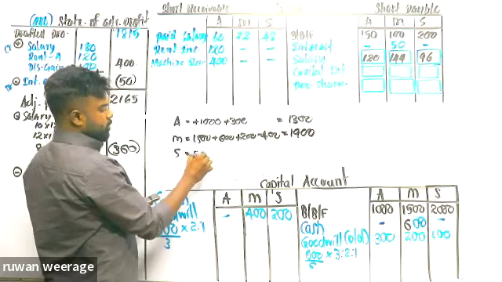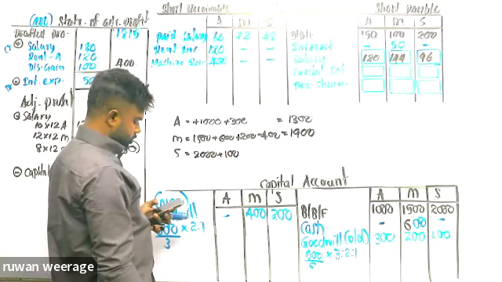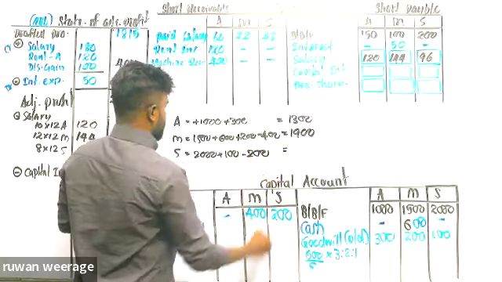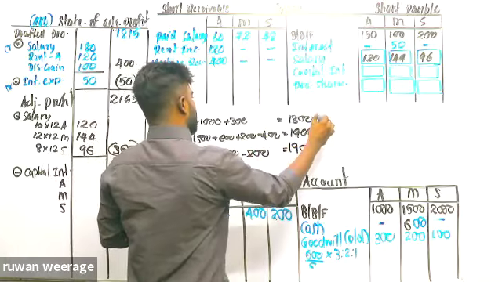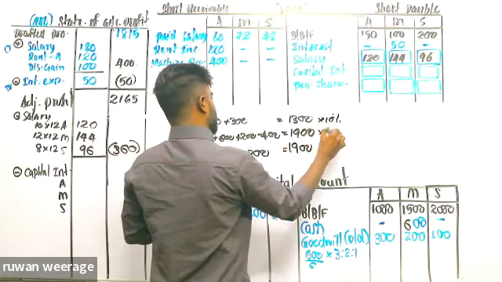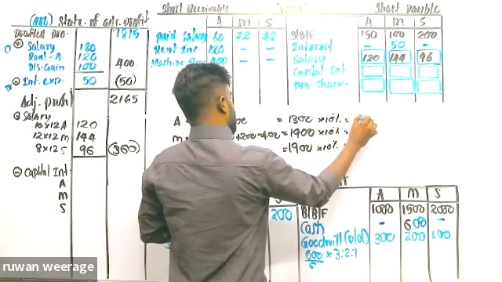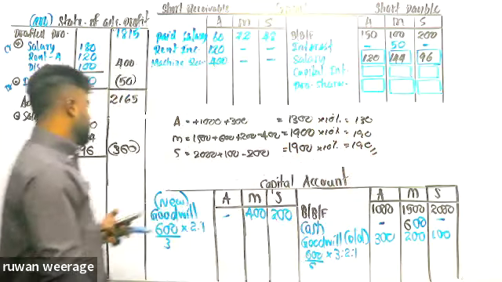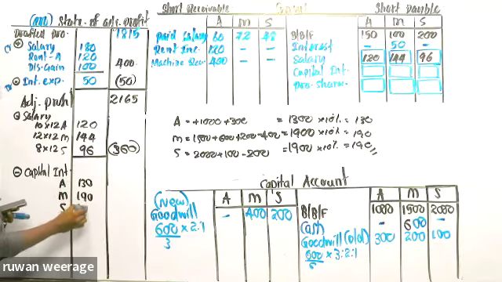Here 2100, debit minus. That one also 1900, in 10% how much? 130, 190, 190. This is correct.